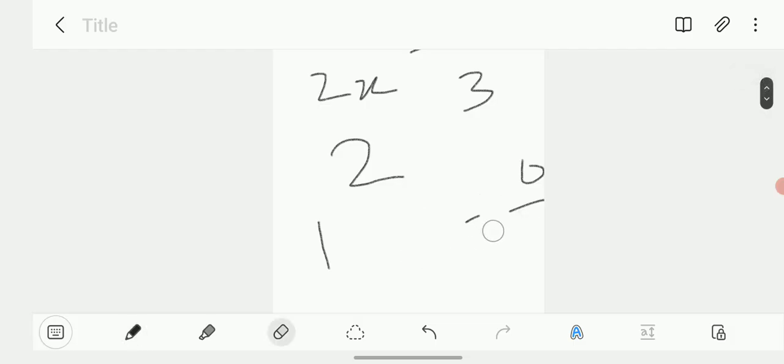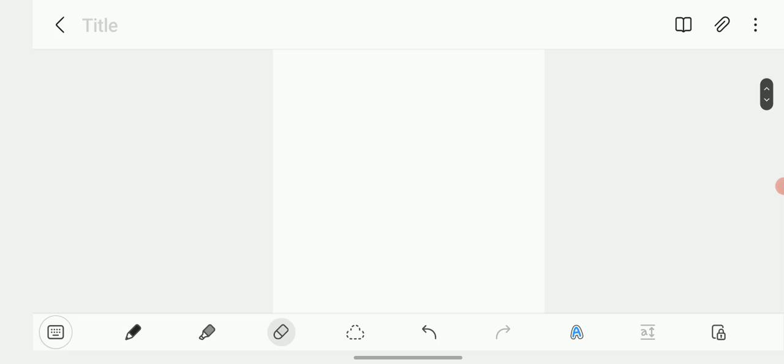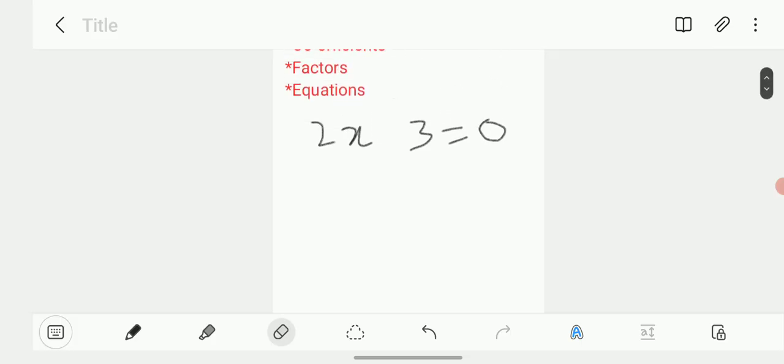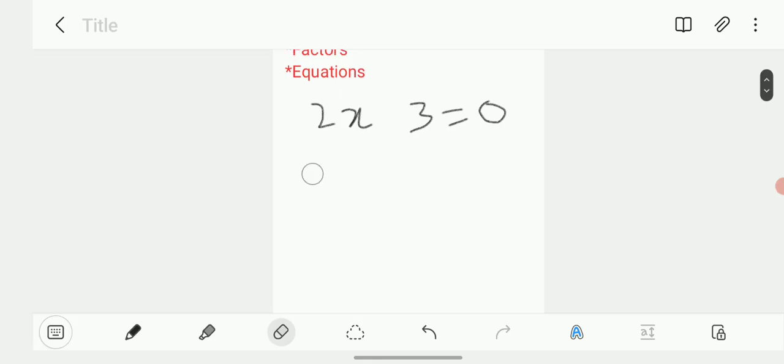Shall I erase it? Okay, next we'll discuss the topic of factors.